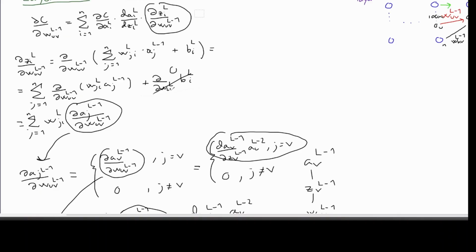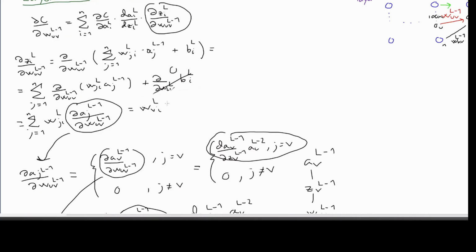So now that we have an expression for the partial derivative of the activation at the jth neuron with respect to our weight, let's backtrack further and substitute that into the partial derivative of the ith neuron at the output layer. And so we have this part right here, and we'd like to substitute it back here. And we see that when j is equal to v, we get a non-zero term, and when j is not equal to v, we get a 0 term. So that eliminates the summation because only one term in the summation becomes non-zero. So when j is equal to v, we get w, substitute v for j, vi at layer L, output layer, and then we substitute this expression, which we derived here, into this partial derivative.